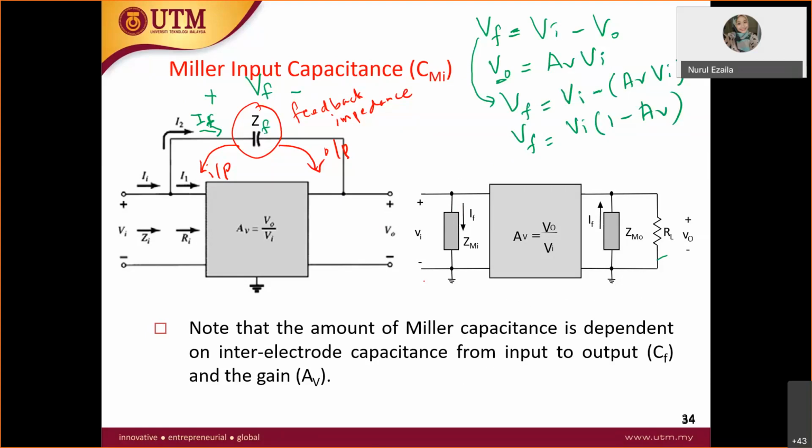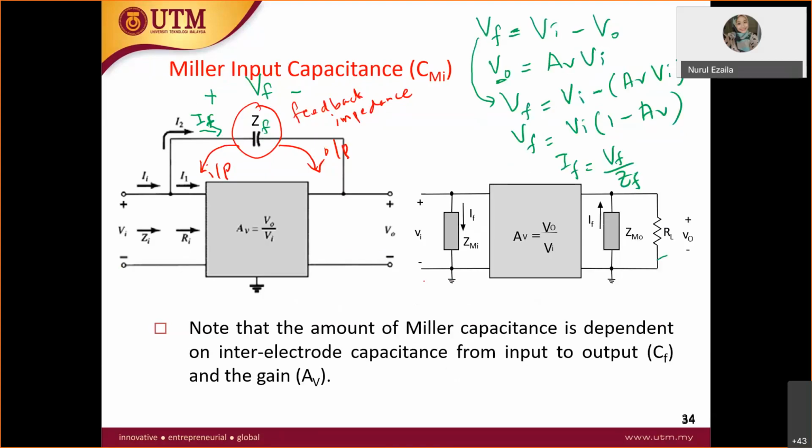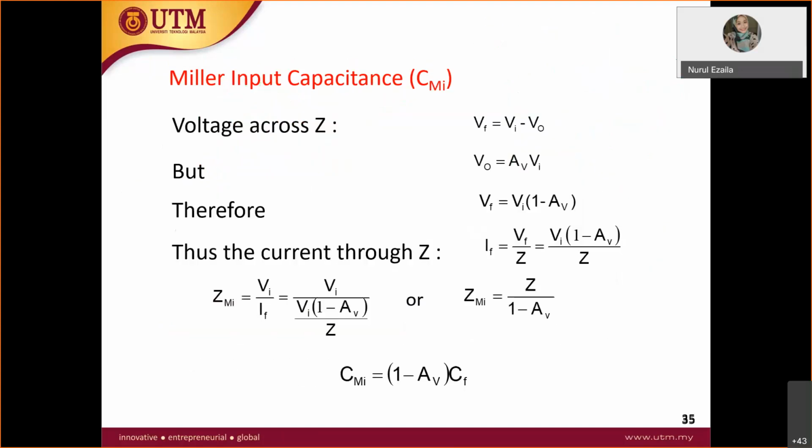Therefore, IF is equal to VF over ZF. If you put all the values over here, VF is V in times 1 minus AV, so you have V in times 1 minus AV over ZF.